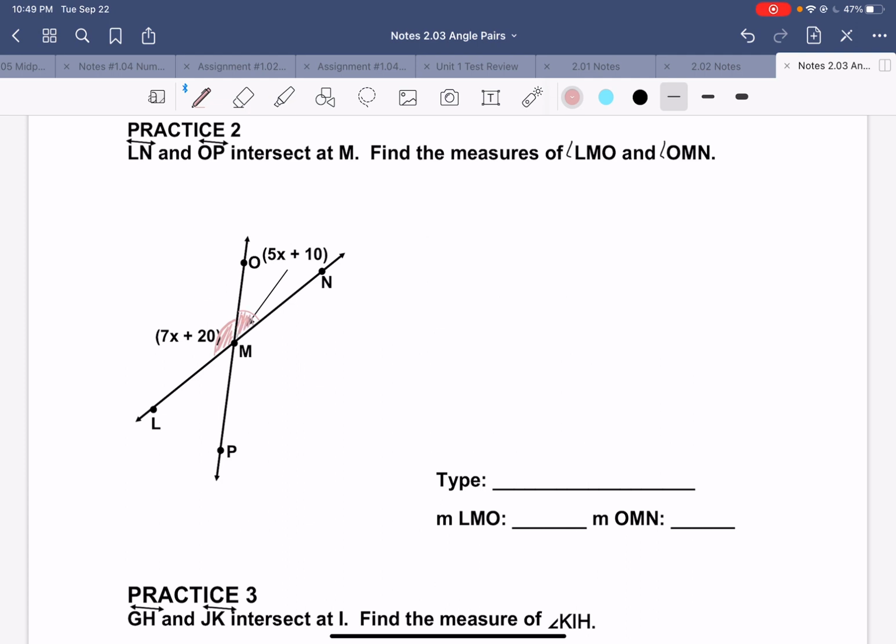They are adjacent to each other, and they create a straight angle, which remember is 180 degrees. So because they're adjacent to each other, this is a linear pair.